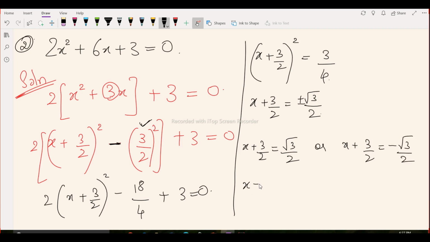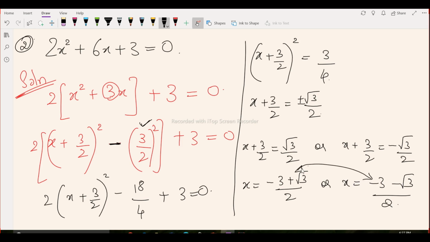So what you get is x is equal to minus 3 plus root 3 by 2, or the answer is x is equal to minus 3 minus root 3 by 2. So these are, if you notice, conjugates of each other.